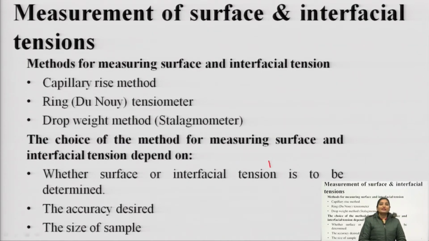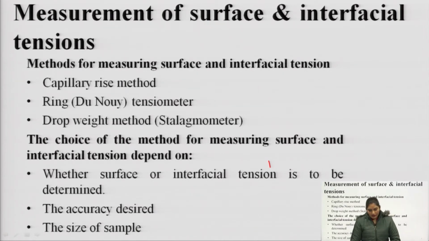The choice of the method for the measurement of surface and interfacial tension will depend on certain parameters: what extent of accuracy is desired, what is the size of the sample, and whether the surface or interfacial tension is to be determined. So, these are all the parameters on which the selection of the method depends.